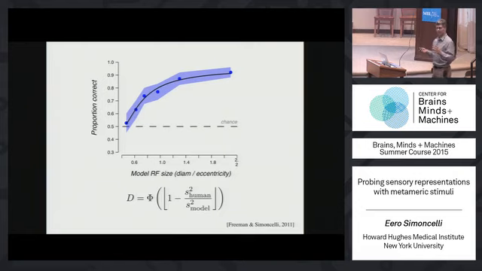I'm not going to drag you through the details, but the basic idea is that this allows us to produce a prediction, this black line, for how this model would behave if it were acting as an observer. And by adjusting the parameter of the observer model, we can estimate the size of the human receptive fields. So the end result of all of this is we're going to fit a curve to the data, and it's going to give us an estimate of the size of the receptive fields that the human is using to do this task.